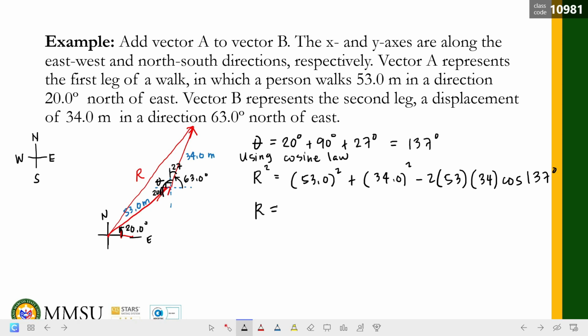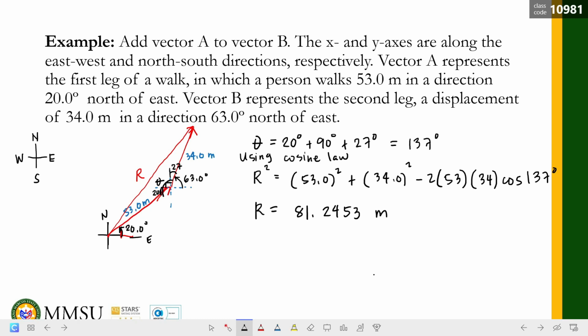Hindi ko na isusulat yung unit. And then, whatever the result, dapat kunin natin yung square root niya kasi meron tayong R squared there. We need to take the square root. So, that's 81.2453 meters.